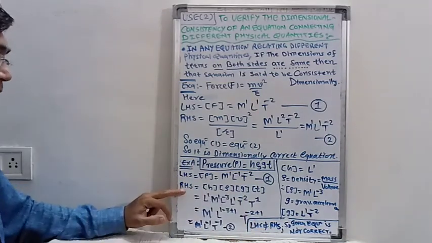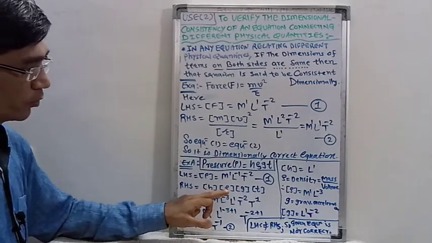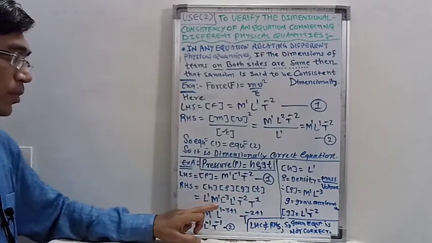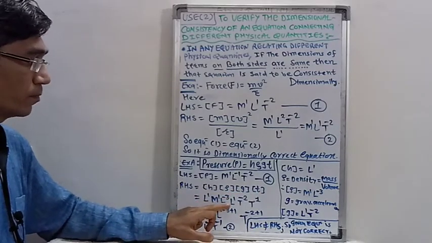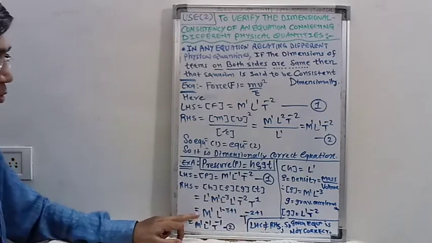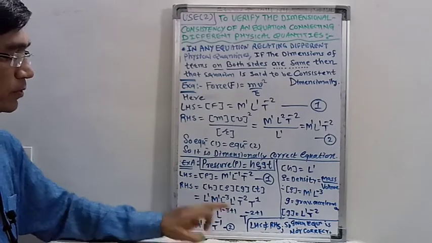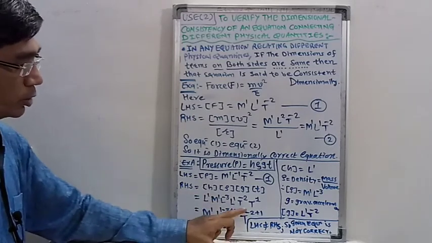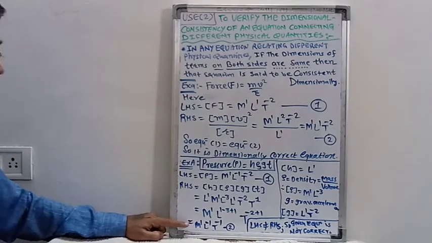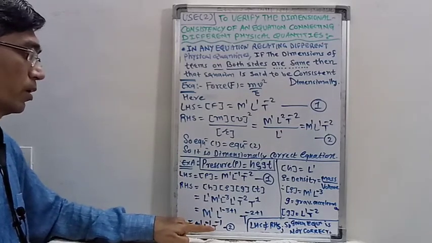So the right hand side is given by the dimensional formula of H into rho into g into T: L1, M1 L minus 3, L1 T minus 2, T1. So M1 L raised to 1 minus 3 plus 1, T raised to minus 2 plus 1. So the right hand side is given by M1 L minus 1 T minus 1.